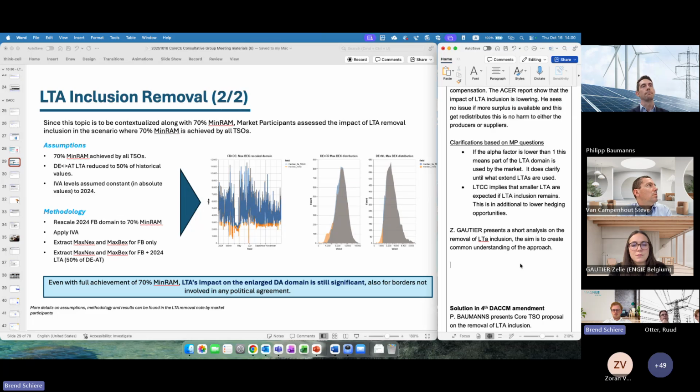The chart on the right shows the impact on France, Germany, and the distributions of the values for Germany, France, and Germany, Netherlands. Again, the impact is minimal, but we are considering a perfect scenario where 70% is fully achieved, where IVA levels are also low, and still we can see an impact of having the LTA in the domain.